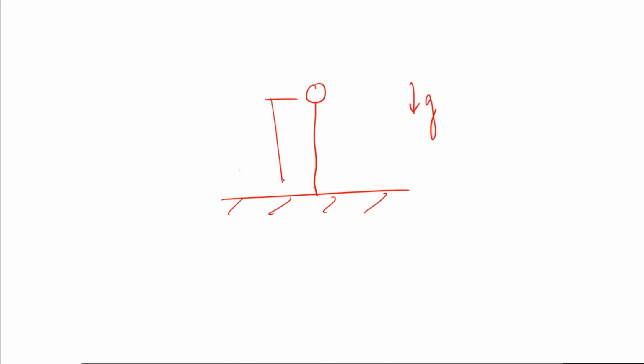Gravity is down. What is the work done I have to do? The force is mg, and I go up a height h, so the work done is mgh. So the potential energy at height h is mgh.